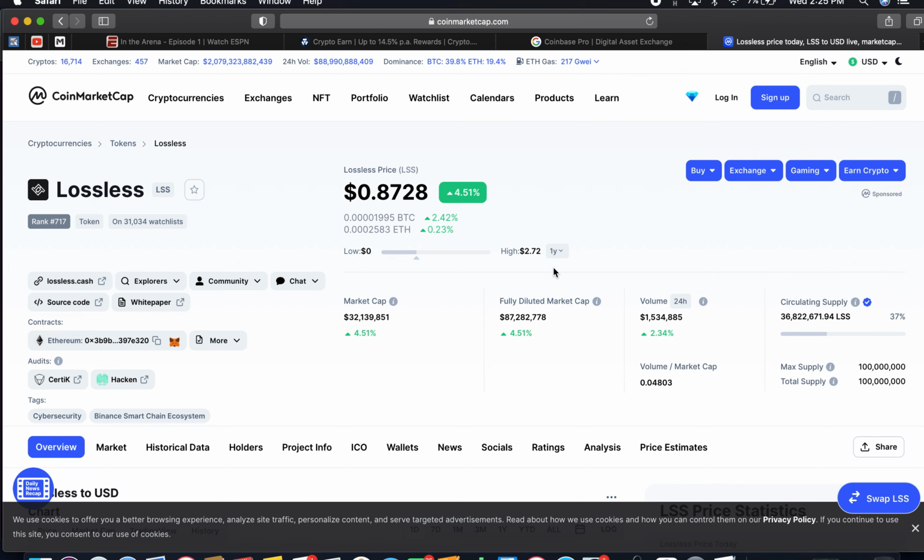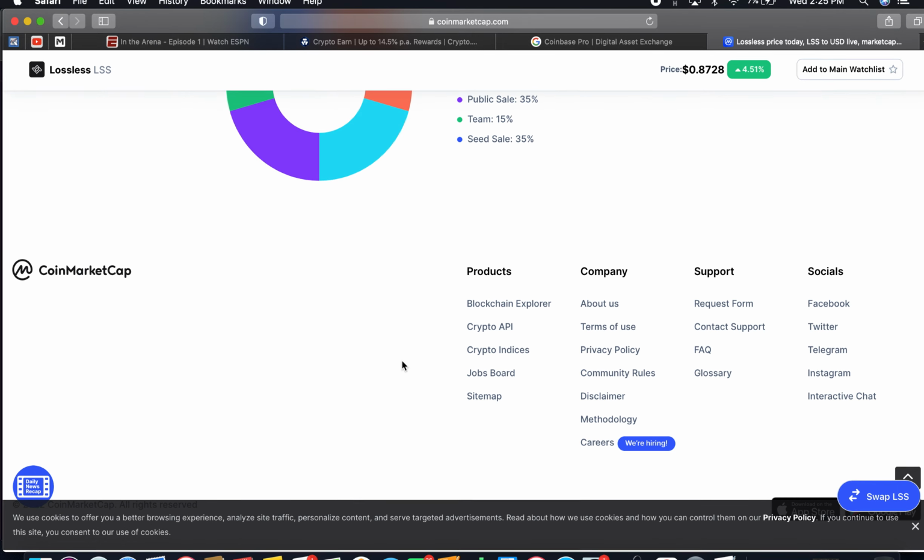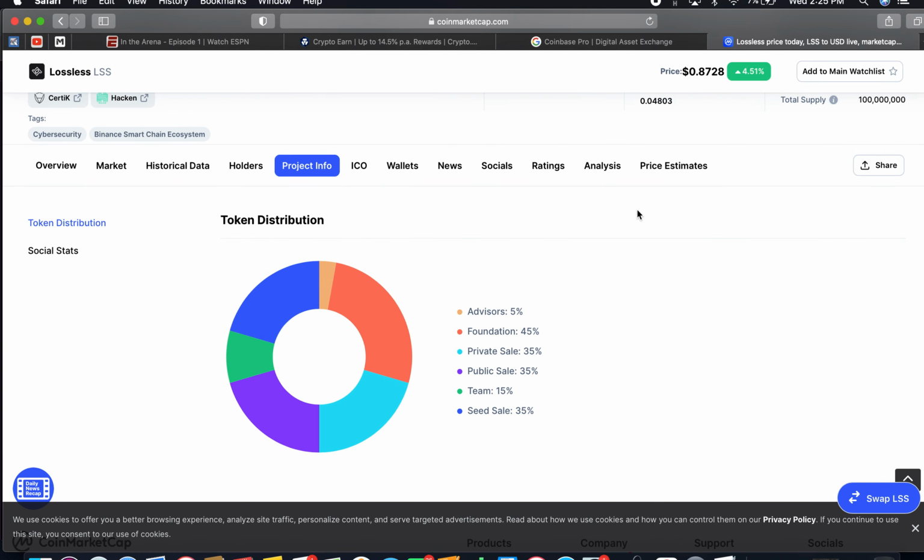So if crypto is going to become mainstream and we're going to have mass adoption, with people buying and selling crypto regularly or storing crypto on exchanges or in wallets regularly, security matters, right? So I think it's a pretty dope project.